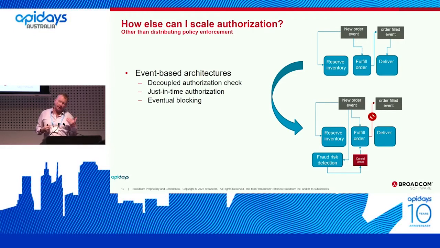Now you want to add in an authorization check into that. Well, if you could trigger that authorization check off the new order event so that it happens in parallel in its own environment, and provided that it can complete its assessment prior to the fulfill order triggering its event, then you're able to inject this into the flow without affecting the scalability of the original application.